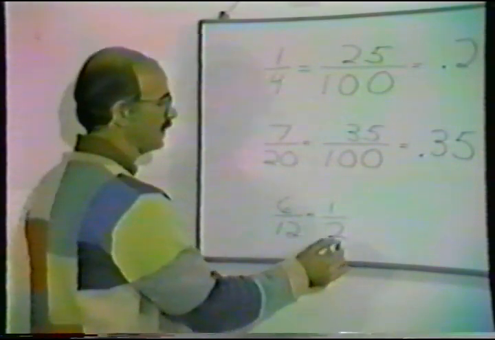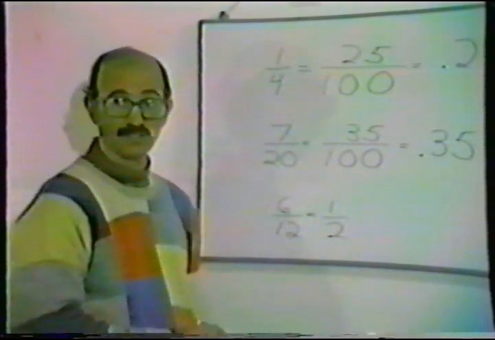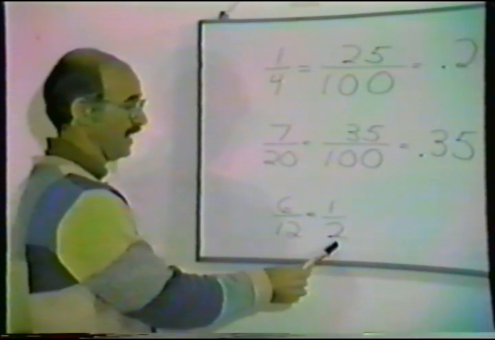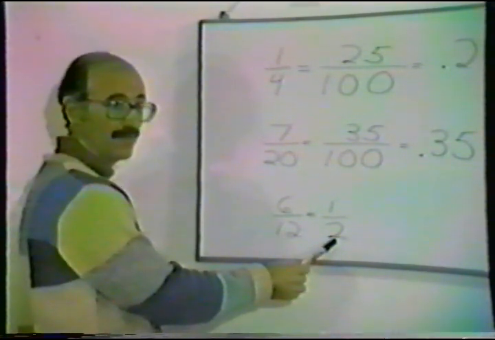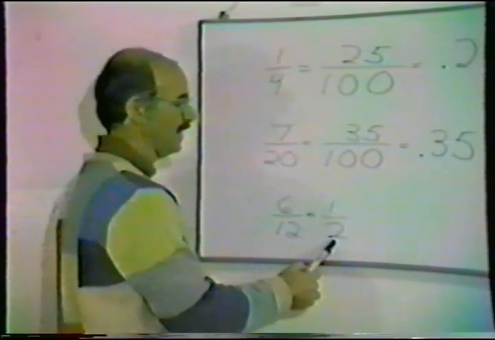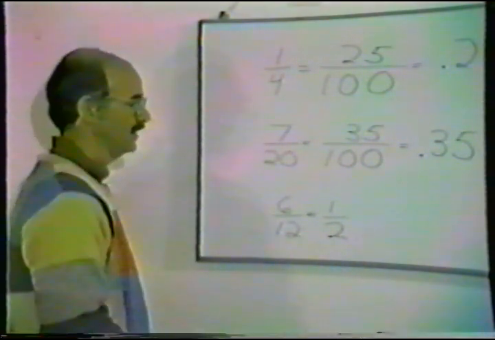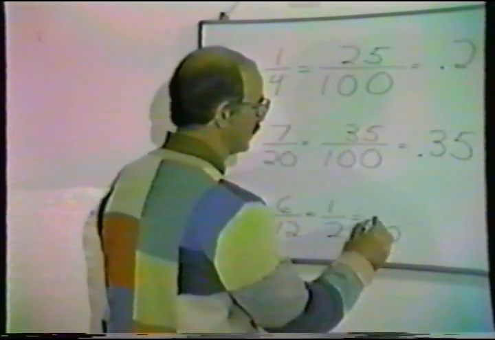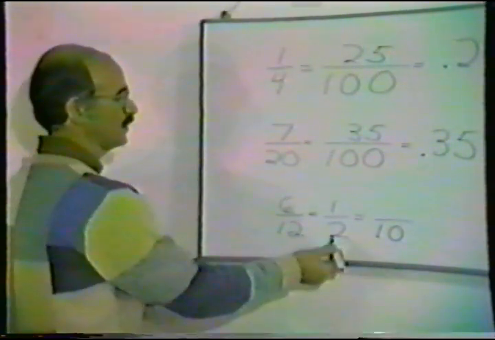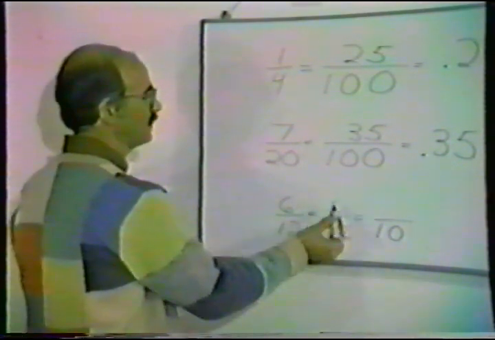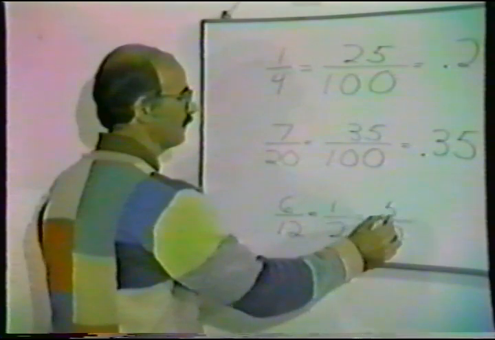And then we begin to ask ourselves those questions again. Is the bottom number now 10, 100, or 1,000? No. Can we make it 10 or 100? Yes, we can. Can we make it 10? Yes. 2 into 10 goes 5, and 5 times 1 is? 5.